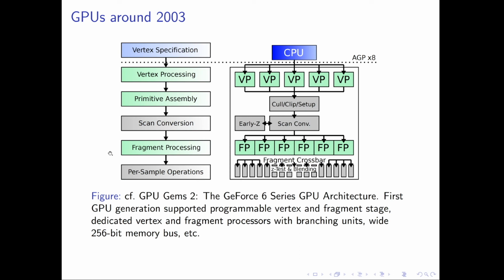When we have a closer look at that architecture, we see that there's a dedicated bunch of vertex and fragment processors, and we have that streamlined pipeline-like design where the vertex processors would process the user input, and then the vertices would go through the cull and clipping phase, the vertex setup phase, and that would be followed by scan conversion, and the output from scan conversion would be fragments that would go through the fragment processors.